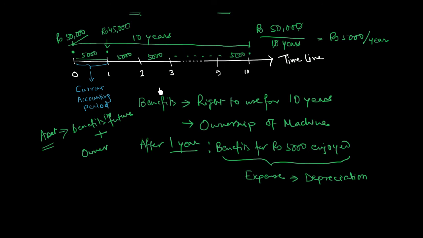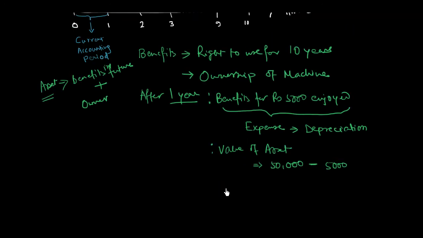So now the value of your asset becomes the original cost of asset, which was rupees 50,000, minus benefits already enjoyed, which is 5,000. So 50,000 minus 5,000 comes to rupees 45,000.